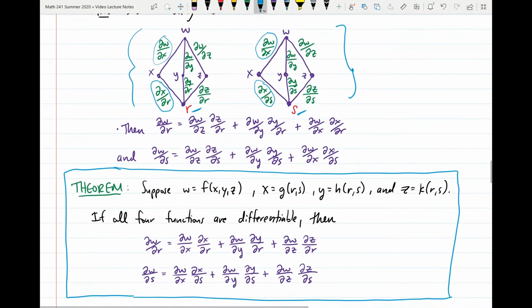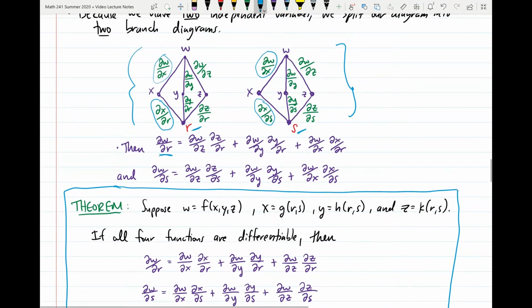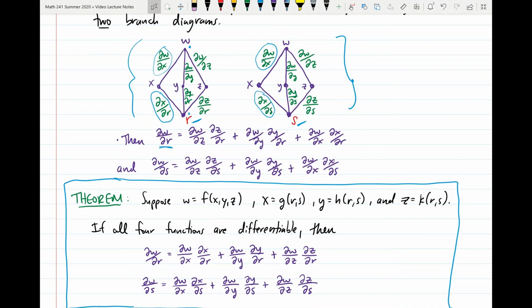And in this case, we have the partial derivative of w with respect to r is equal to the product of the different derivatives showing up along each path from w down to r, and then those products added together. So this should be similar to what we did with branch diagrams from before.